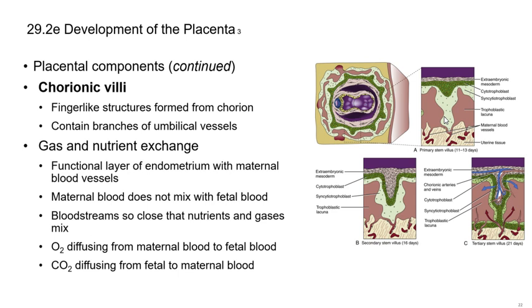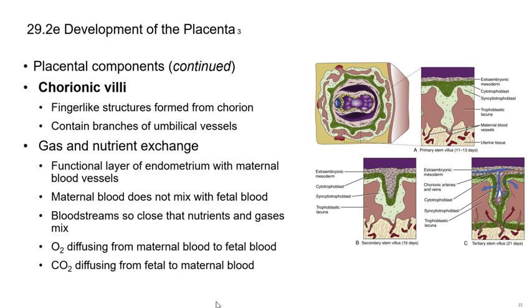So if it's oxygen, it's going to be moving from maternal blood to fetal blood. If it's waste products like CO2, it's going to be going from fetal blood to maternal blood. If it's other nutrients that are for the fetus, then obviously those would be moving from maternal circulation to fetal circulation. Okay, again, all without the actual blood mixing.